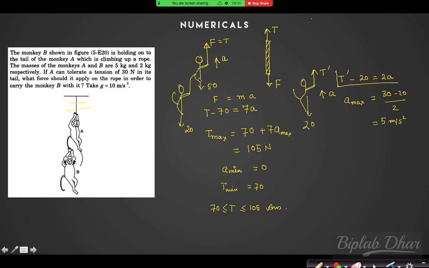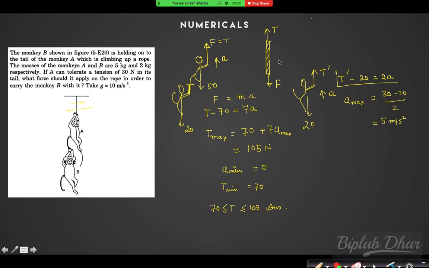But that will change a bit, no? No, it will not change. Let us try to solve it again. Suppose I am trying to draw the free body diagram of the tail of the monkey, this portion.